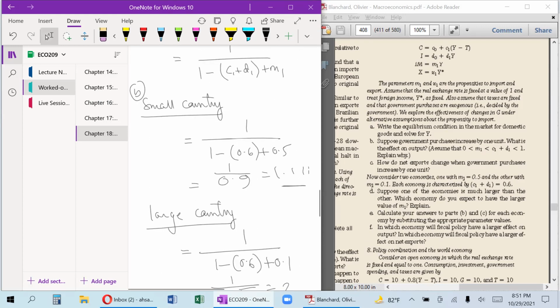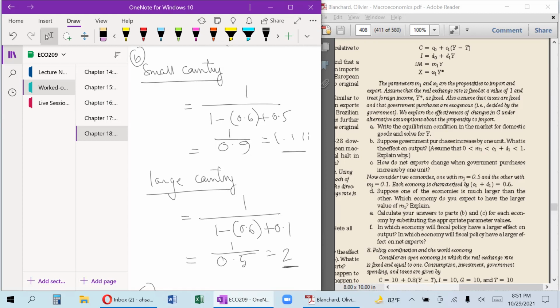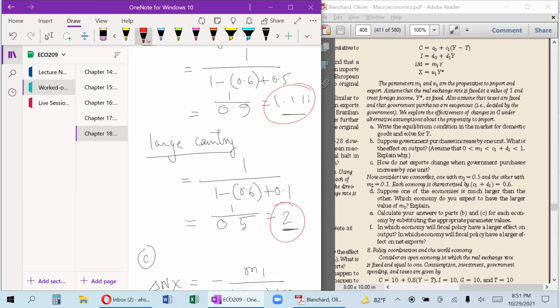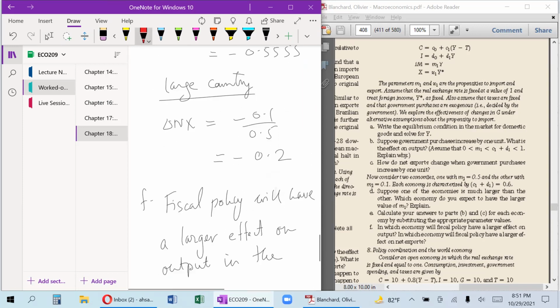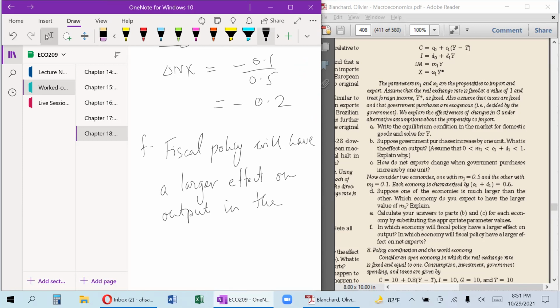When there was a fiscal policy, a 1 unit change in G was going to change output by 1.1 in the small country, but by 2 in the large country. So output in the large country.